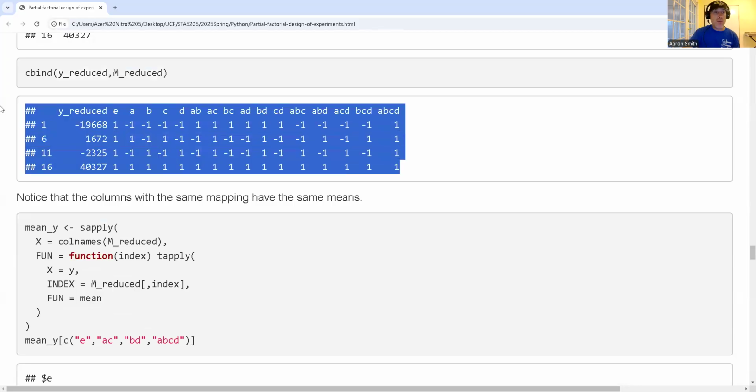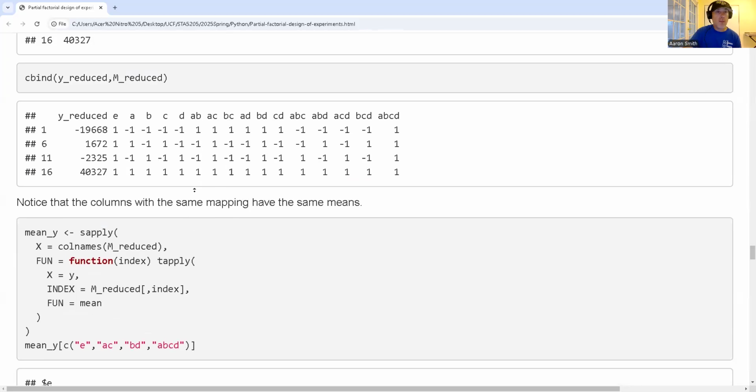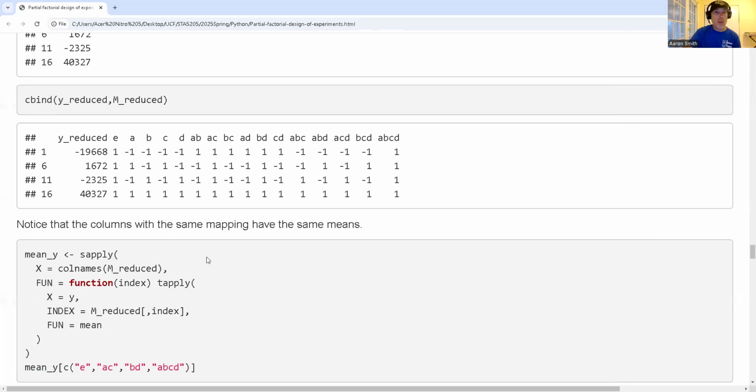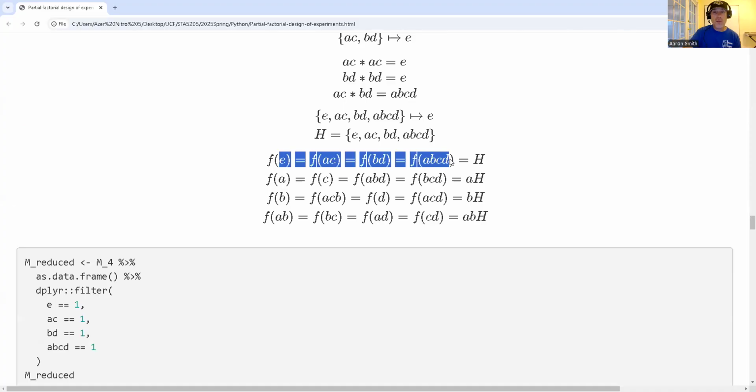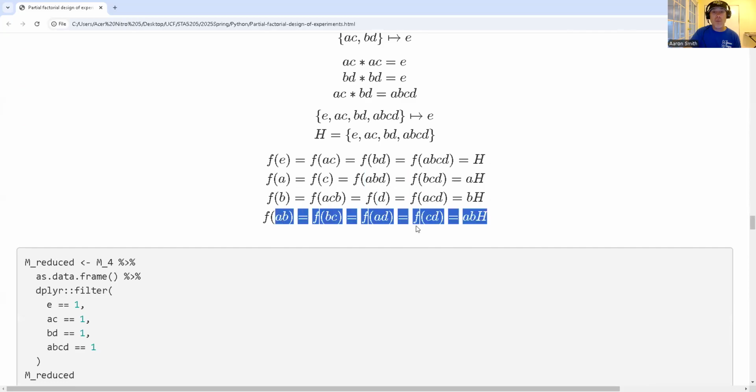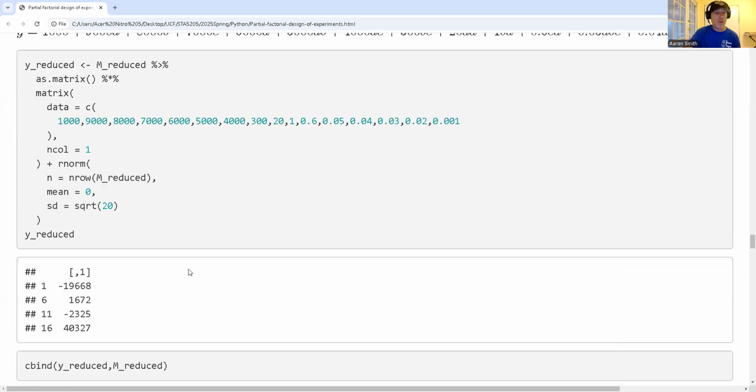When I set this up, in this setup, all of these are going to have exactly the same columns. All of these have the same columns. So let's take a look at AC, ABD, BCD.